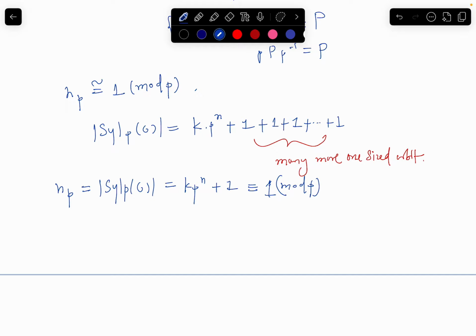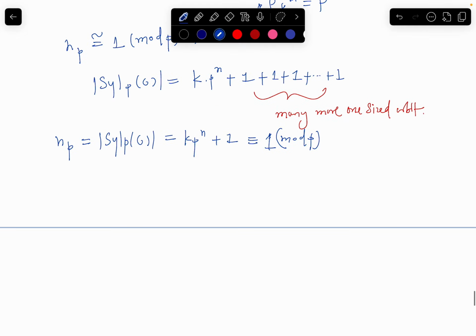So for the sake of contradiction, suppose we have another orbit of size 1. Let us take any such orbit and show that it is indeed equal to the orbit of P. So let Q be any orbit of size 1.